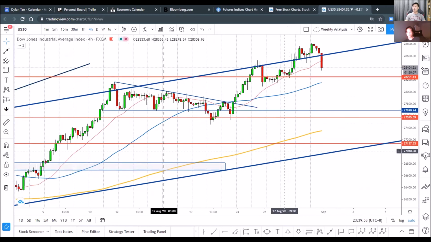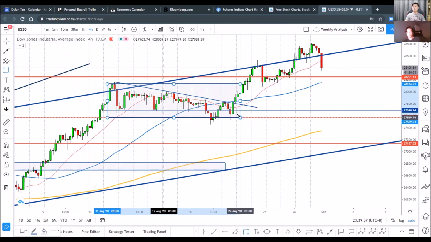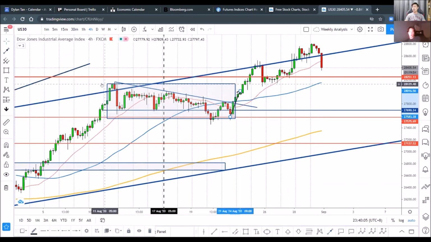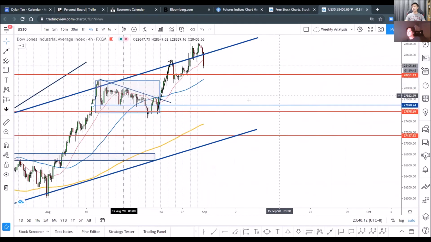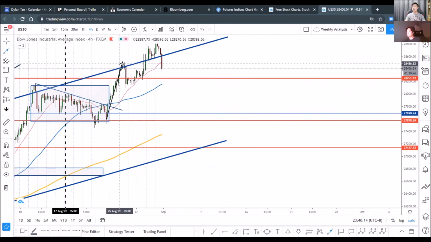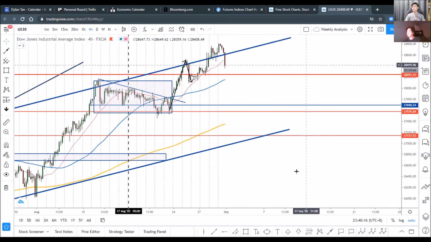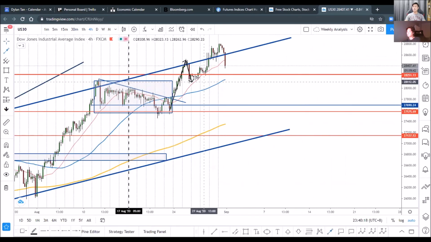But anyway, previously it was ranging, with multiple attempts to reverse and fall, but then it broke out of this range or this pullback and continued to climb. And I thought it was back at the top of the range again and may start to fall. And yes, indeed, it did. But for some reason, last week it just continued to climb again.